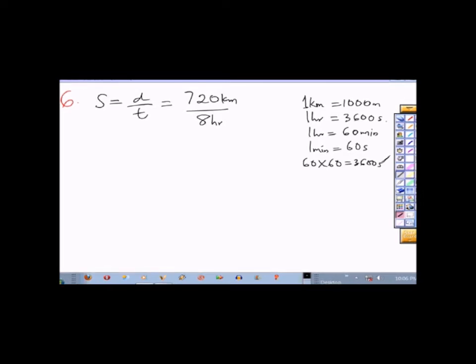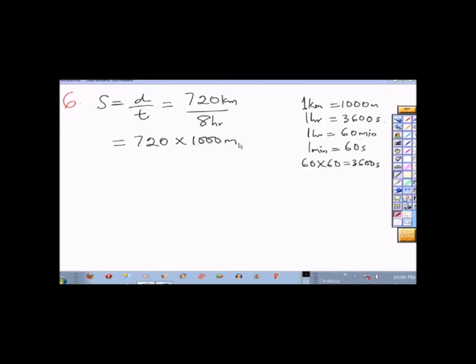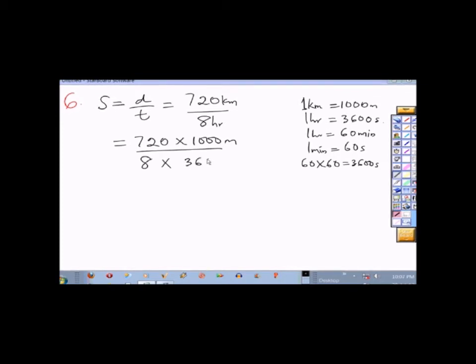So all we just do here is to change our kilometer to 1,000 meters and to change our hour to 3,600 seconds. So this gives us 720, instead of kilometer, now we have times 1,000 meters divided by 8. Instead of hour, we say times 1 hour in seconds, which is 3,600 seconds.